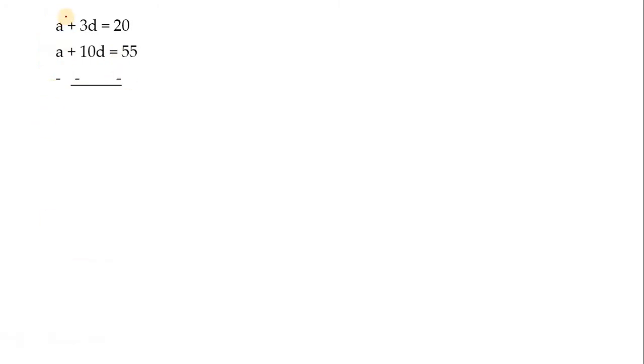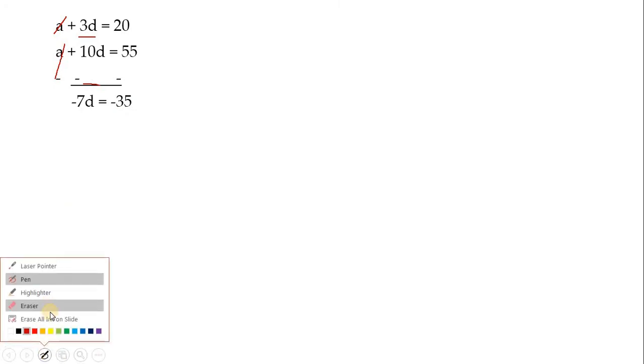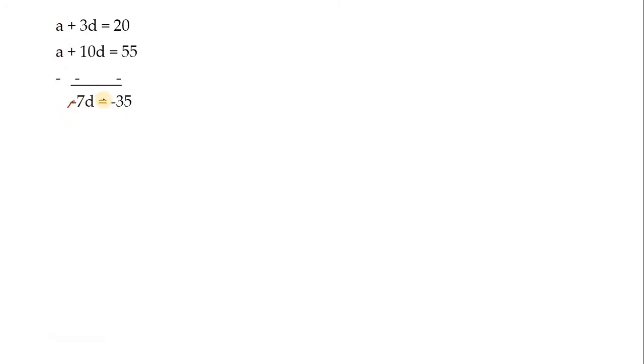Here plus A and minus A get cancelled. Let me subtract this one: plus 3D minus 10D, I'll get minus 7D. And here if you subtract, I'll get minus 35. Here minus and minus get cancelled, and this 7 you transfer this side. I'll get this, and here 7 ones are 7 and 7 5s are 35. Therefore D value is how much?